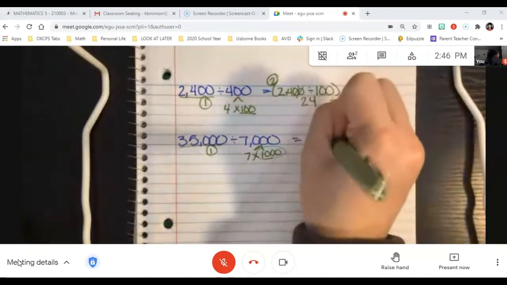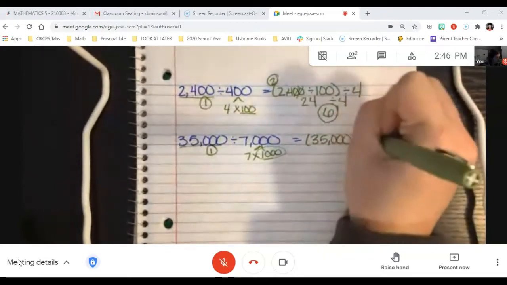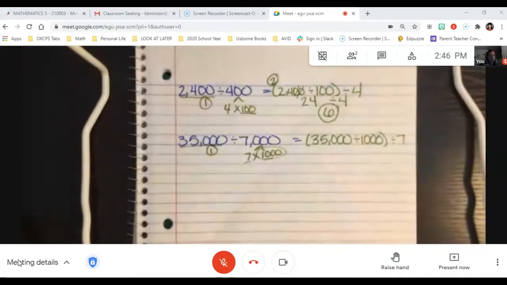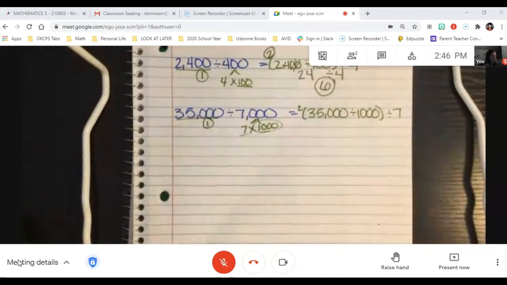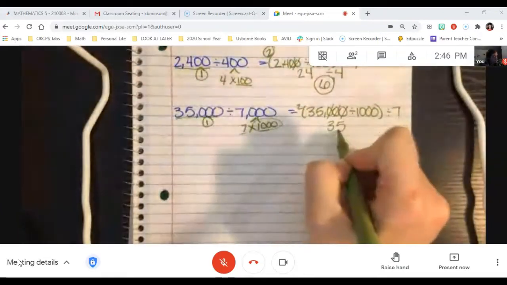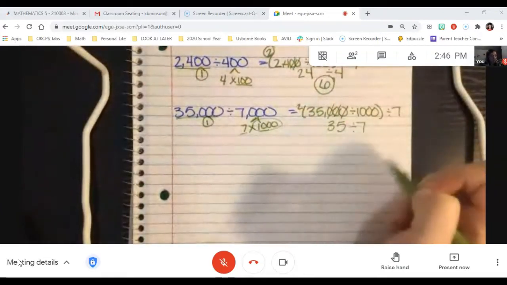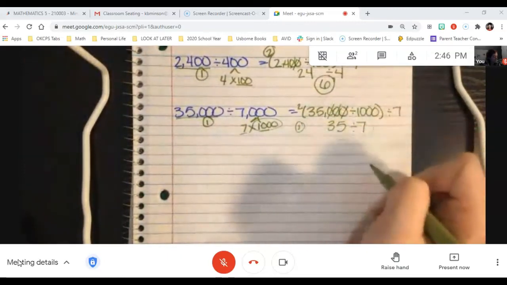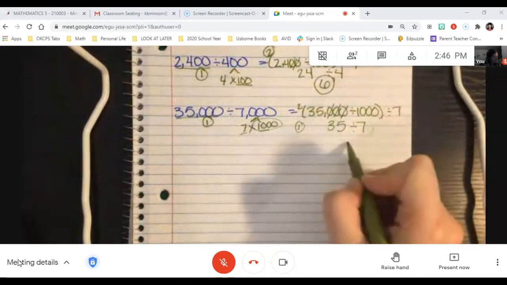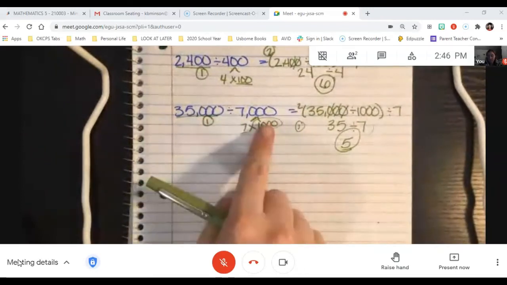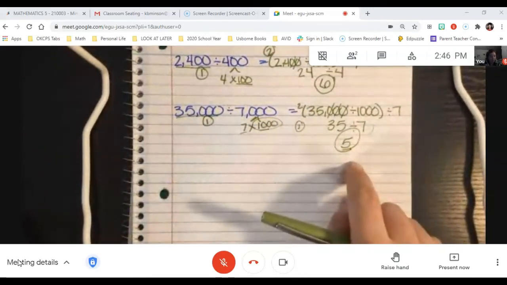So 35,000 divided by 1,000, and then divided by 7. Second step, do what's inside the parentheses. 35,000 divided by 1,000. I can remove 3 zeros to give me 35. Then divided by 7. Third step is to divide by this. So 35 divided by 7 is 5. So our answer to 35,000 divided by 7,000 is 5.